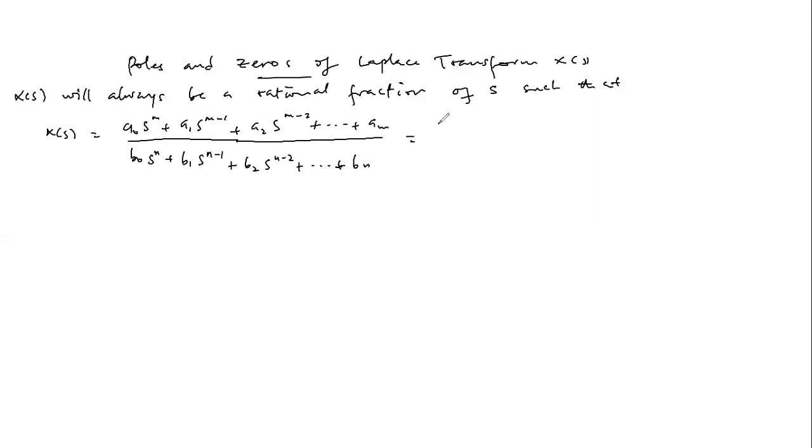And this is the same as A0 times s minus z1, s minus z2, all the way times s minus zm, divided by B0 times s minus p1, s minus p2, all the way to s minus pn.